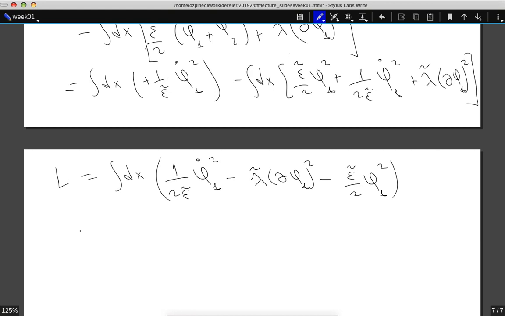Now let me make a couple more redefinitions. Let me define some new field.